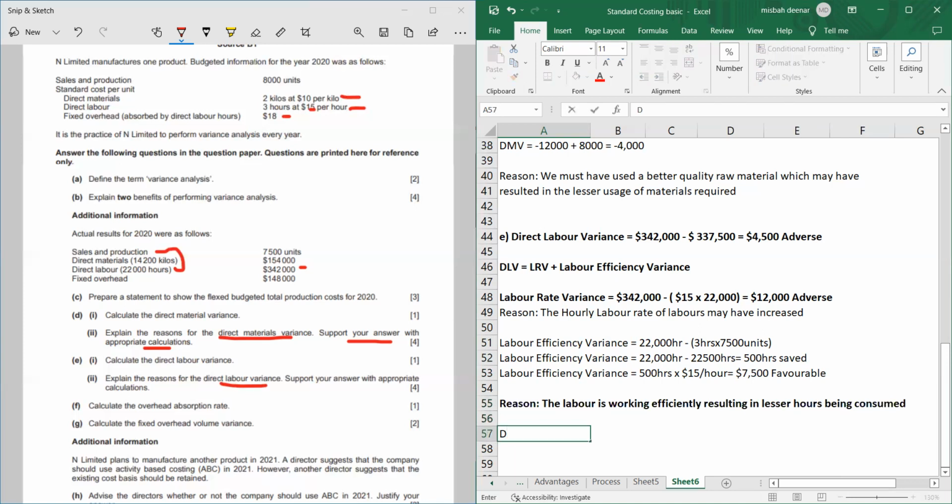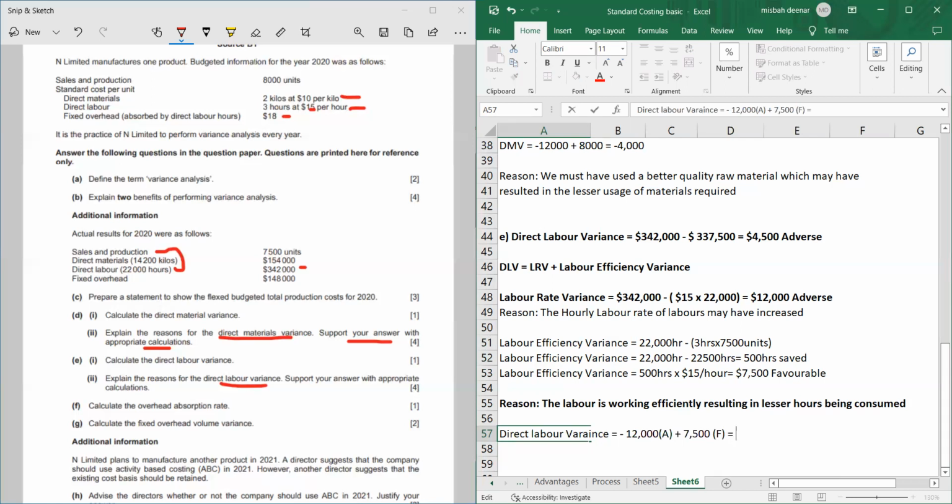Then if we see the breakup of direct labor variance, an adverse variance of $12,000, I will write 12,000 adverse variance plus 7,500 favorable.